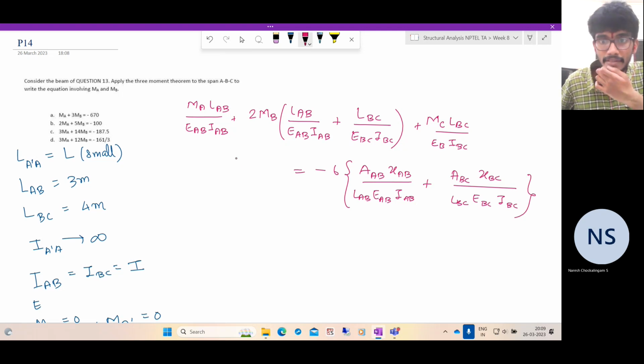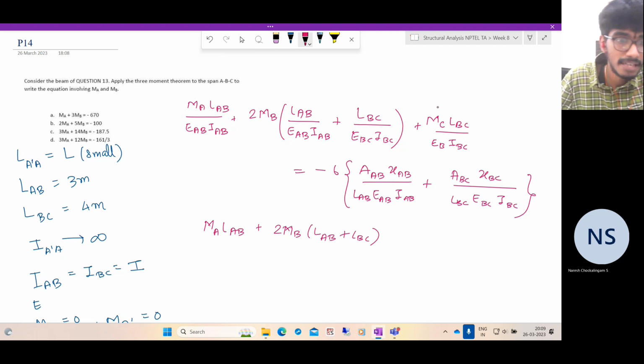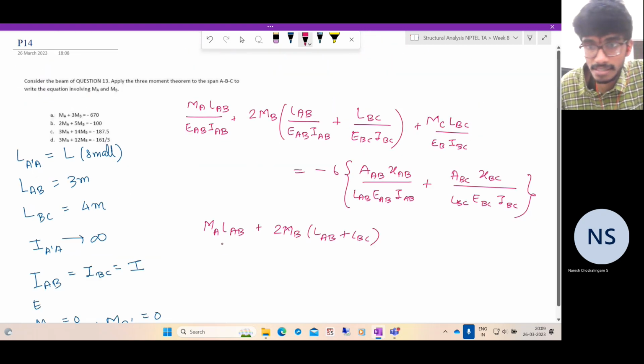So EAB IAB is equal to EBC IBC is equal to EI. So you can simply write it as MA LAB plus 2MB into LAB plus LBC. What is MC? We have MC is equal to 0 because it is a hinged support.